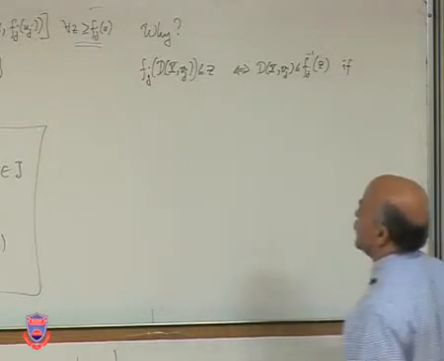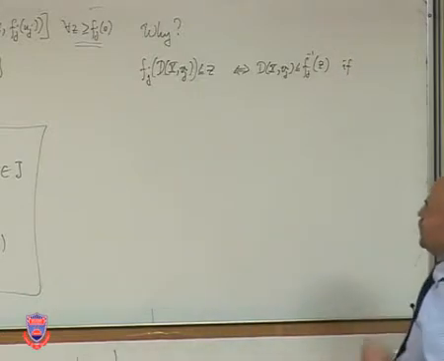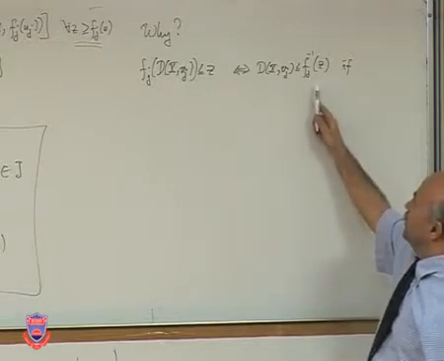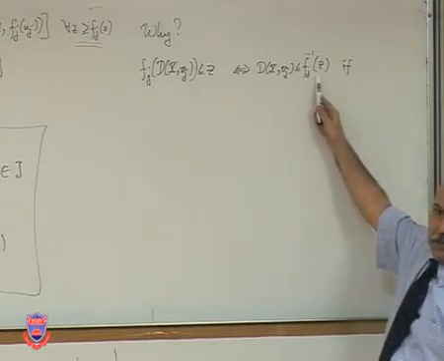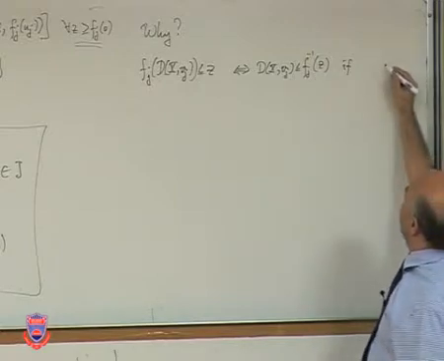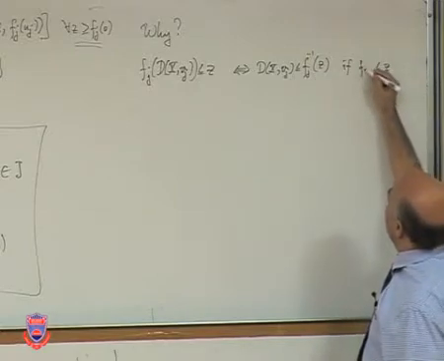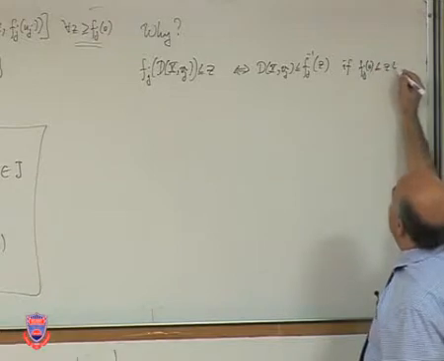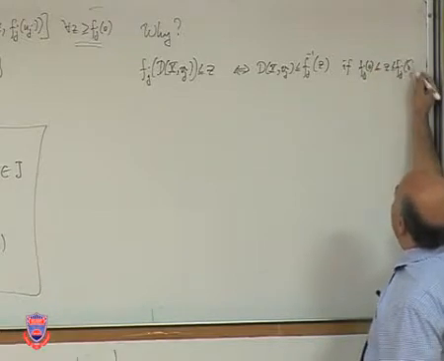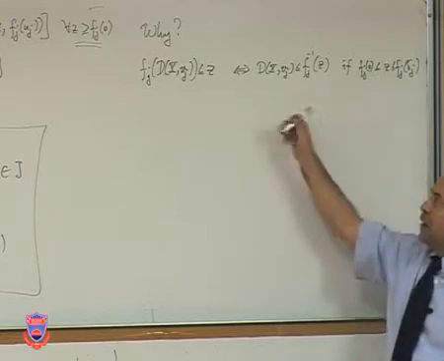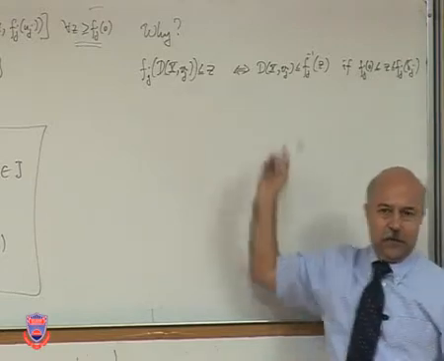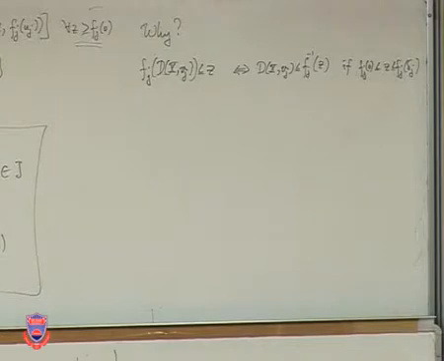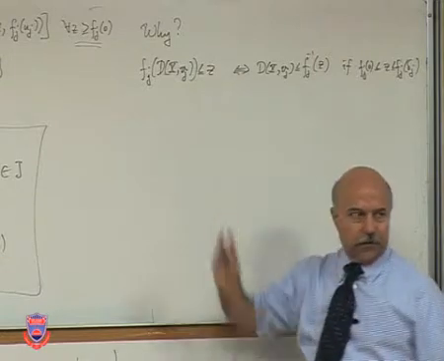If Z is in the domain of definition of Fj inverse, which means Z should be greater or equal Fj of 0 and less than or equal Fj of delta j. If Z satisfies this, then you can apply the inverse function to both sides and you have that. Of course, if that is not satisfied, the equivalence will not hold.